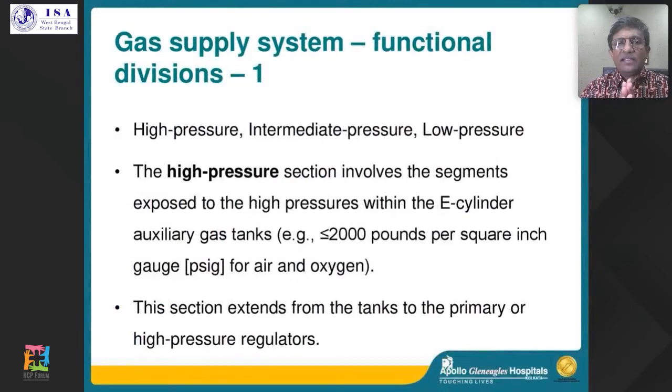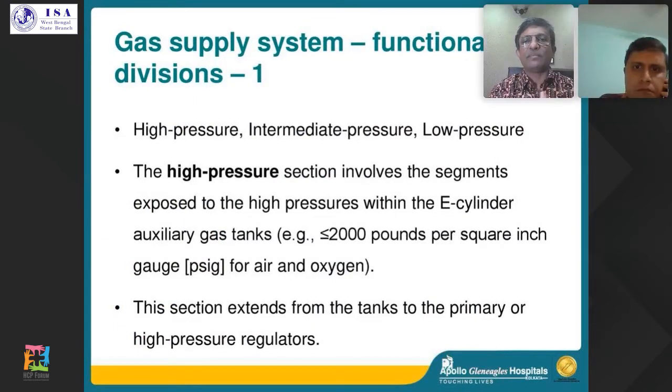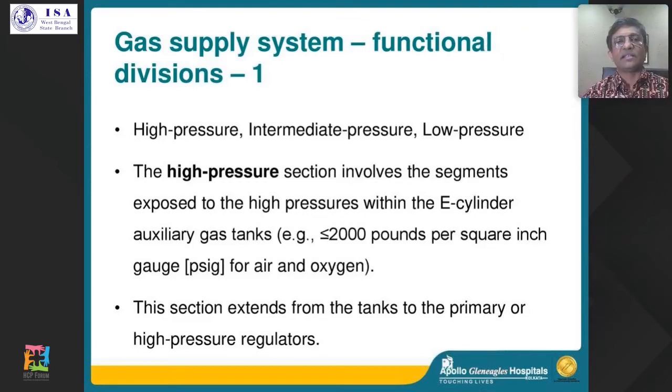So the functional divisions are classically based upon the pressure at various places: the high pressure, intermediate pressure, and the low pressure system. The high pressure system in the machine is nothing but the cylinders, or the auxiliary gas tanks, where the pressure can be anywhere below 2000 psig, and this section extends from the tanks to the primary high pressure regulators.